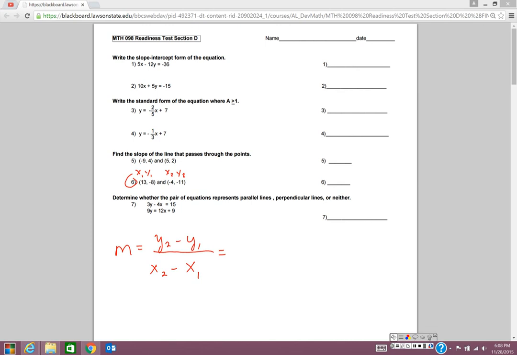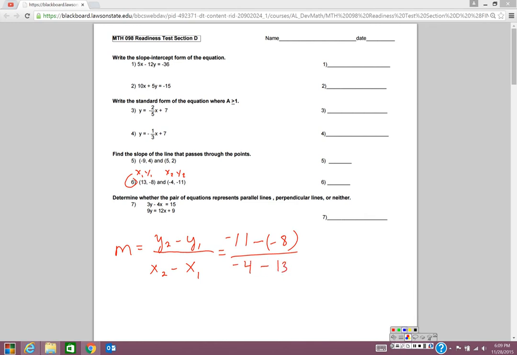Alright, so we have 11, negative 11. So be careful about that. That's a negative 11 minus y sub 1, a negative 8, over negative 4 minus 13.